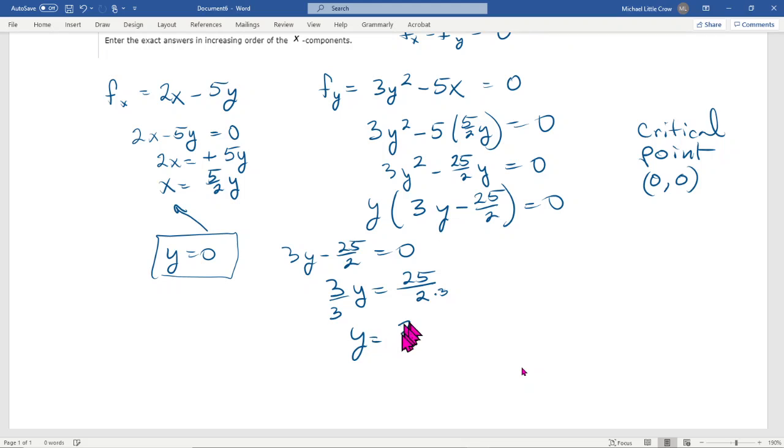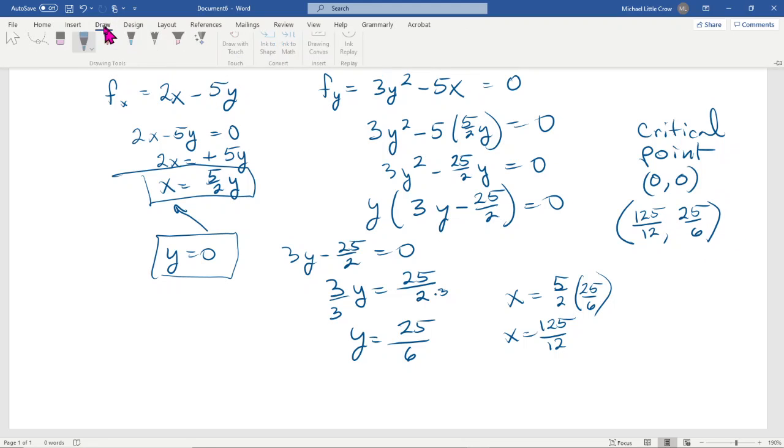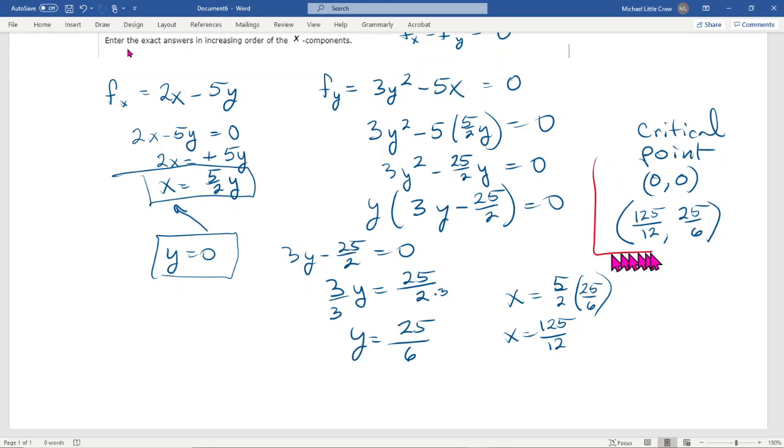So we get that y is 25/6. Now when we plug that back in over here, we get that x equals 5 halves times 25/6. We're going to get that x is equal to 125/12. So the other critical point is (125/12, 25/6). So those are our critical points.